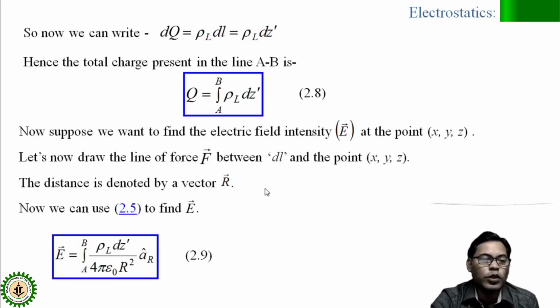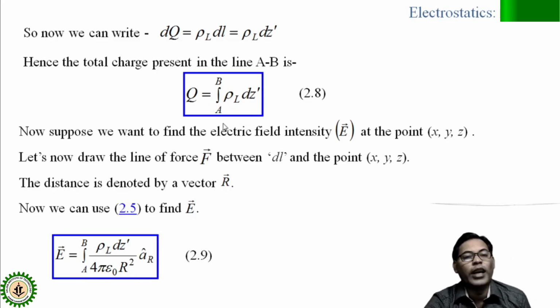Now first we want to find the electric field intensity E. We can write E equals the line integral from a to b of rho l dz prime by 4 pi epsilon naught r square ar. Same equation, only the charge is replaced by this integration of rho l dz prime from a to b.